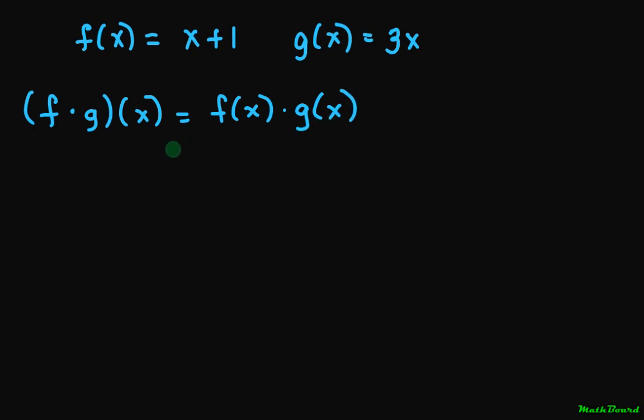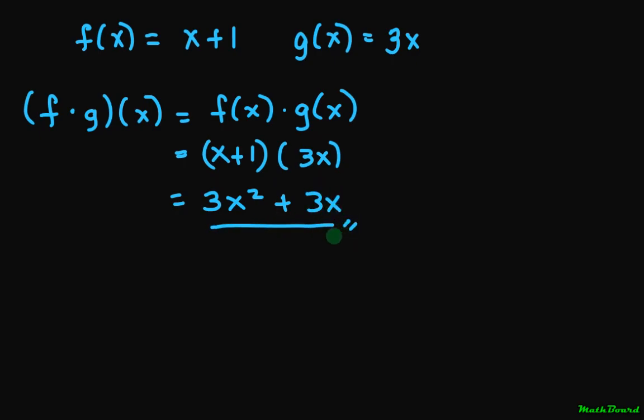So our f of x is x plus 1 and g of x is 3x. We have to distribute 3x, so 3x times x, that's 3x squared, then 3x times 1, that is 3x. So this is the product.